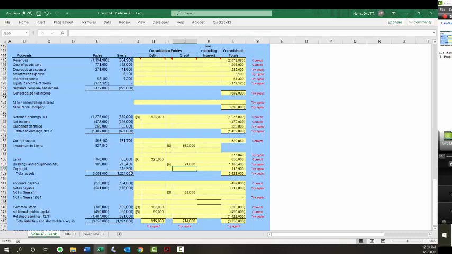The copyright of 94,000. And then lastly, the reduction in the liability for the note payable, which is going to be a debit of 18,400.